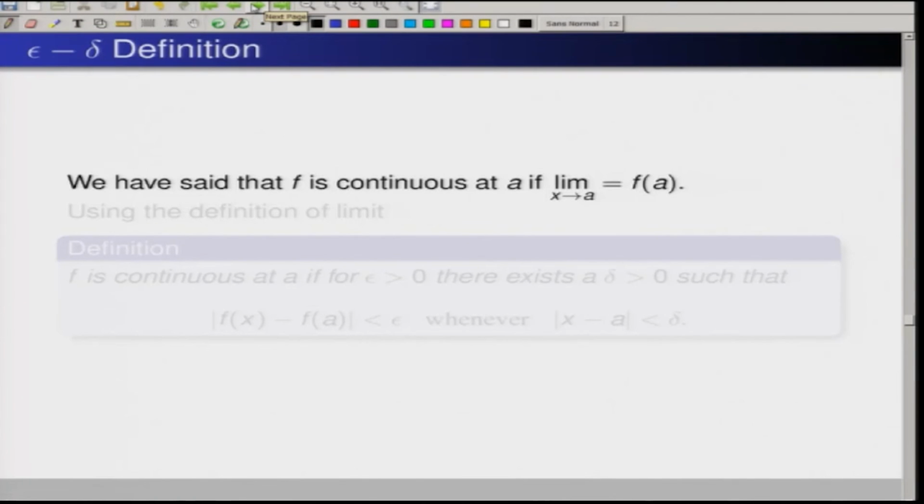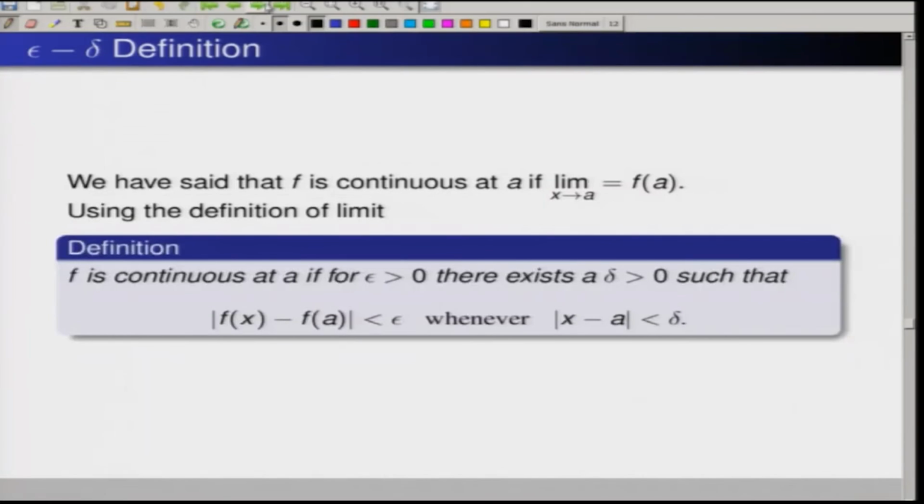Now, as with limits, let us be more formal and give an epsilon-delta definition. We have said that f is continuous at a if the limit of f of x as x goes to a is equal to f of a. We know the definition of the limit in terms of epsilon and delta.